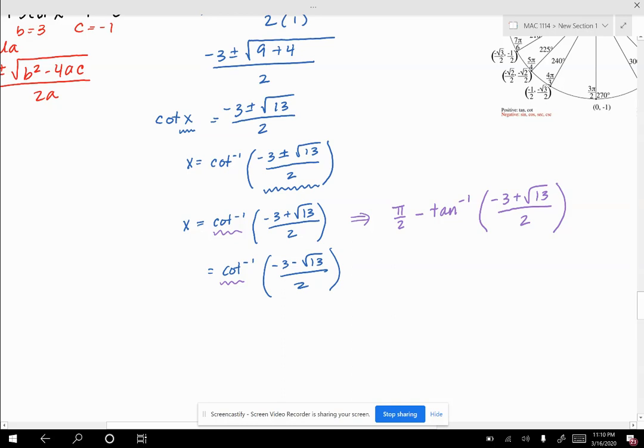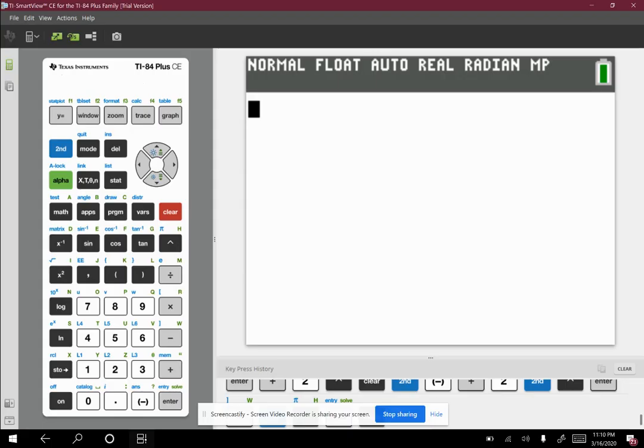That's going to give me my first answer. And the second one's going to give me pi over 2 minus inverse tangent of -3 minus square root of 13 over 2. All right, so let's plug those in individually to see what we get. So let me switch to our calculator.